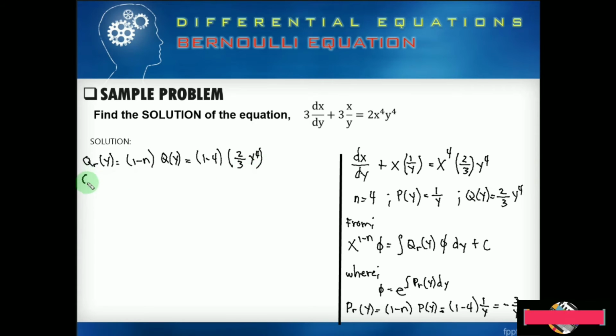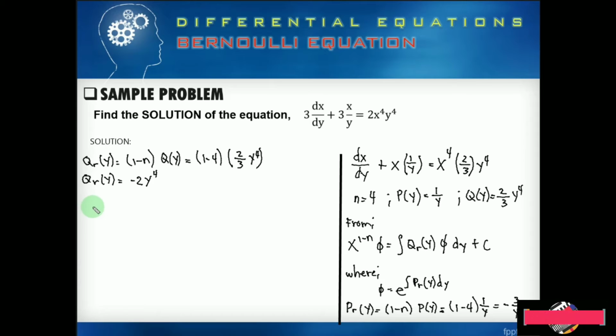So ang ating q subscript r as a function of y is just equal now to, so magka-cancel siya, negative 3, so matira yung negative, so magiging negative 2 siya times your y raised to the power of 4, okay?